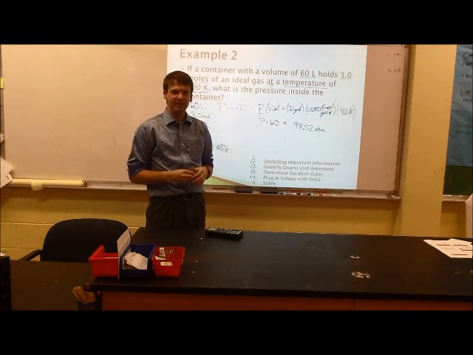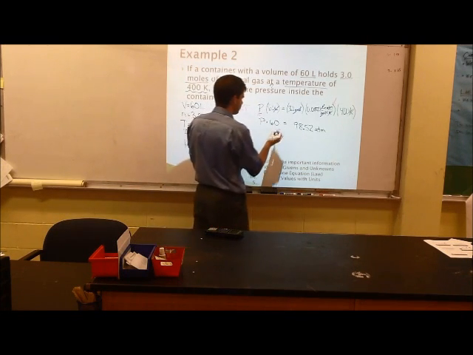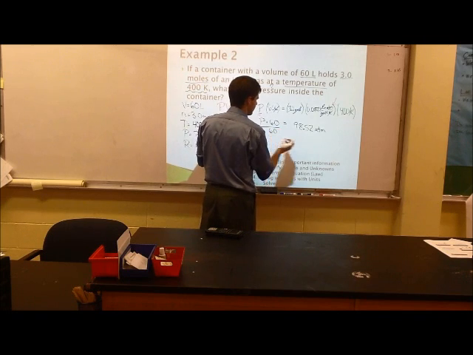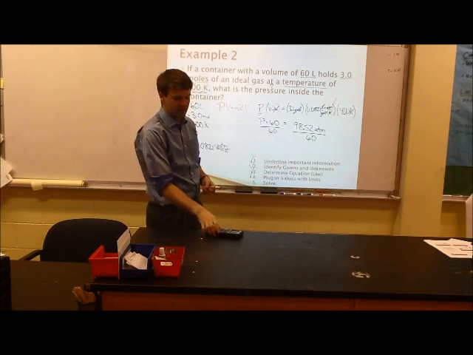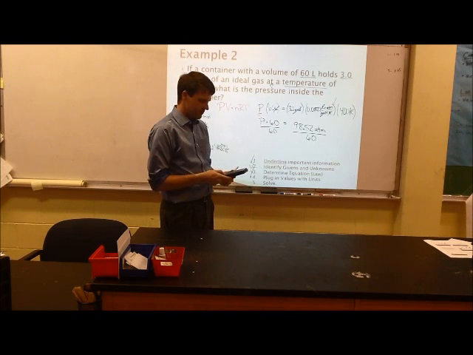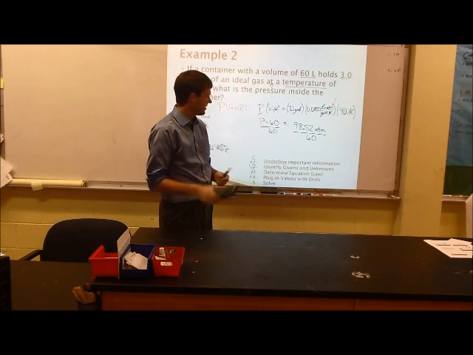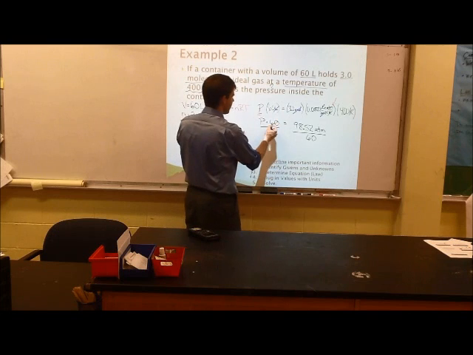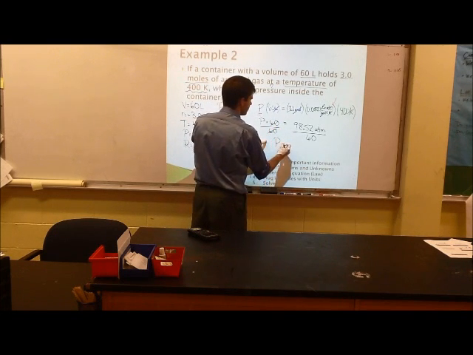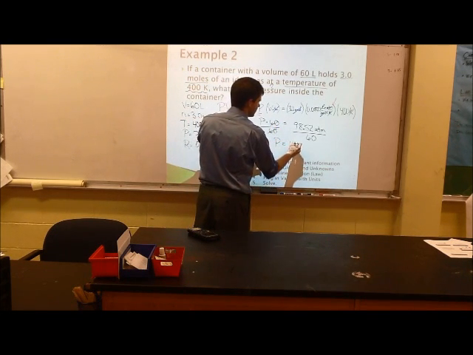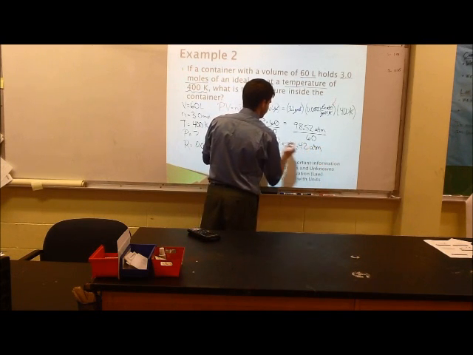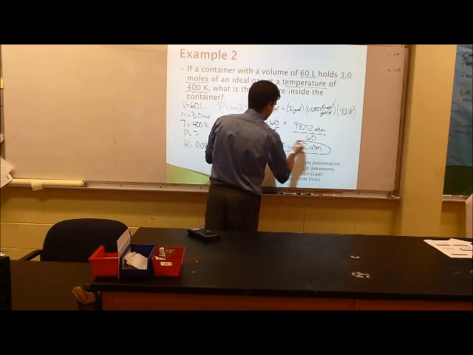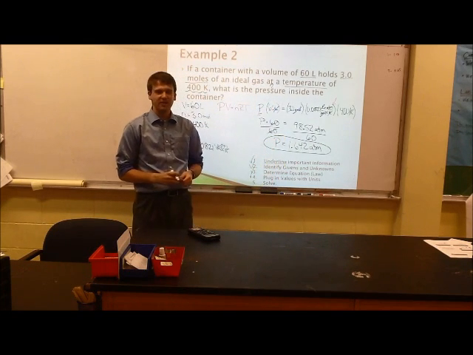To simplify this, we divide by 60, divide by 60, and we get 60 to cancel out, and P equal to 1.642 ATM. And that's our final answer.